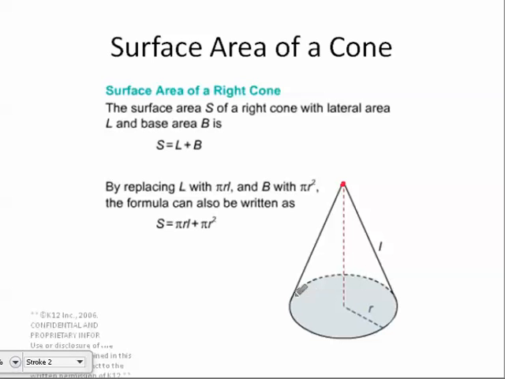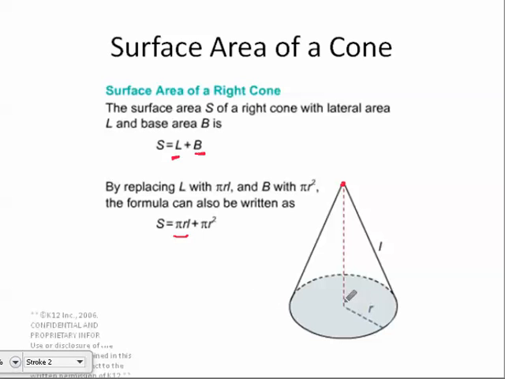Just like in a pyramid, you find the lateral surface area and you add one base onto it. And then just like a pyramid, we're going to replace that lateral surface area with pi r l. Why pi r l? Well, it's just a formula.